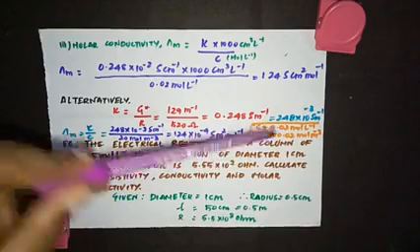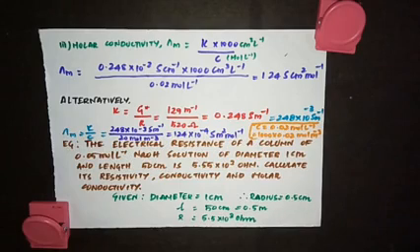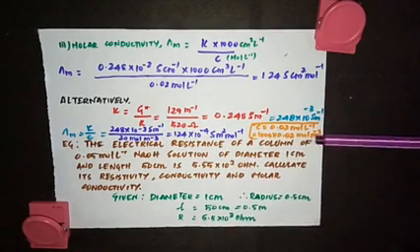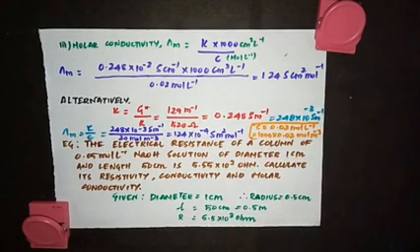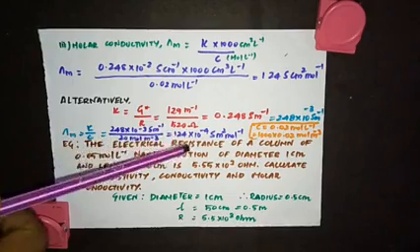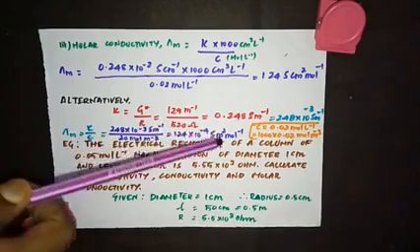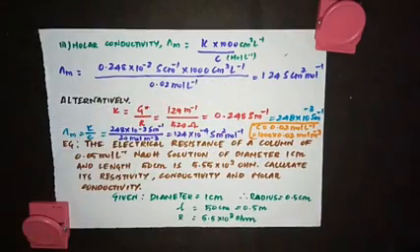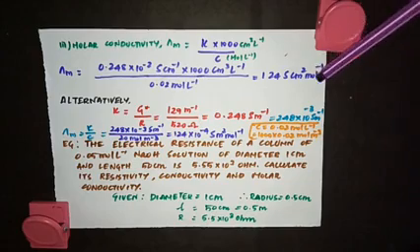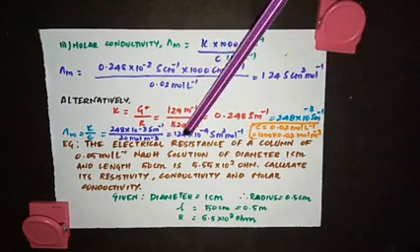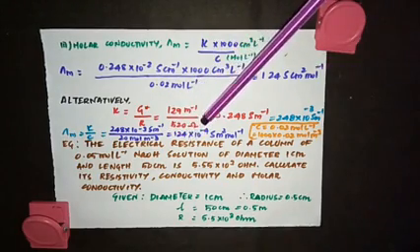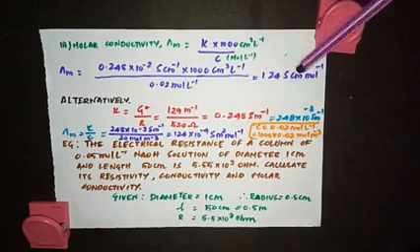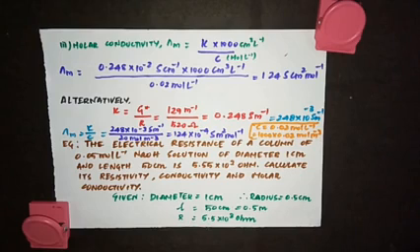So 1000 into 0.02 will be in the unit mole meter to the power minus 3. Substitute that value here. So you are getting 124 into 10 to the power minus 4 Siemens meter square mole inverse. See these two values. This is 124 Siemens centimeter square mole inverse. Here also you are getting 124, but into 10 to the power minus 4 Siemens meter square mole inverse. So you should be careful with these conversions.